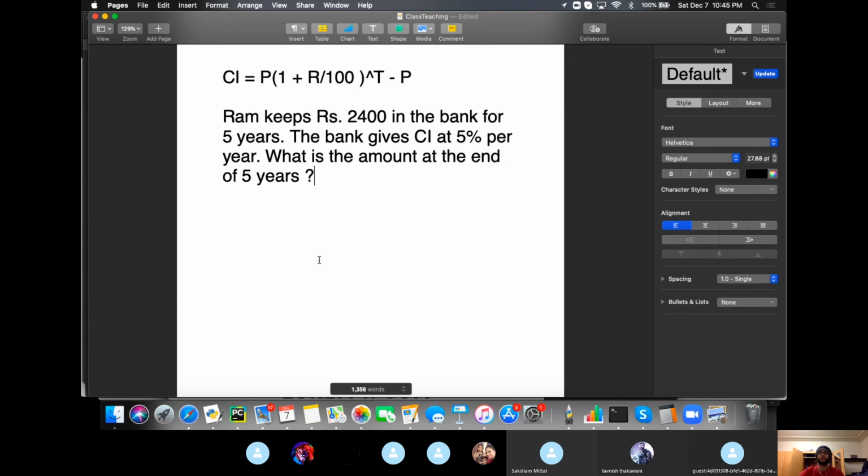I'm not going to solve it. I will wait for you to do it on your own. You can use calculators if you wish because the raising to the power t is going to need a calculator.